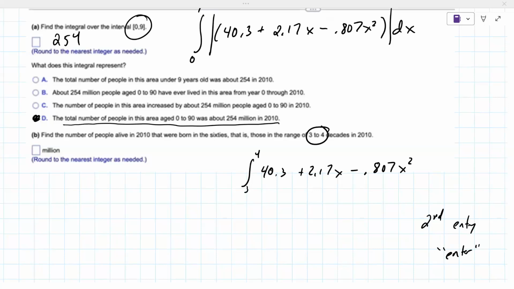It didn't work. So you may have to just restart there. Let me second quit.